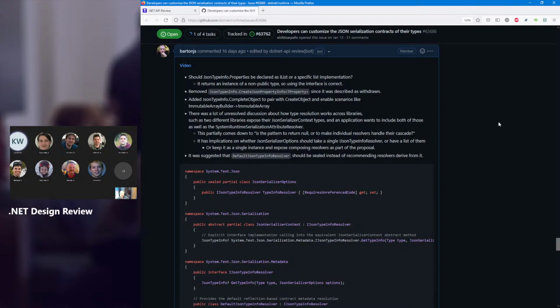If it's a property on the class, you can do it now. You change the setter so that you deserialize the list, you mark the property as a list, and when you do the setting, you convert that into the immutable array. That's one way to do it even now.